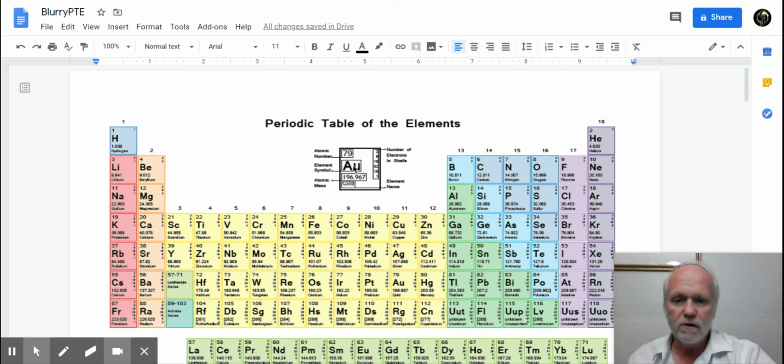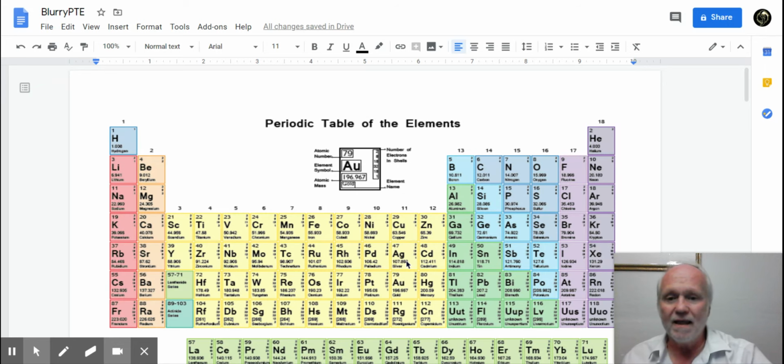Sometimes it's three. If you look all the way down here, UUO and UUS and UUP, they haven't figured out some of them yet. But that's the element symbol, and again, B makes boron, but then, well, let's pick a funny one. AG makes silver.